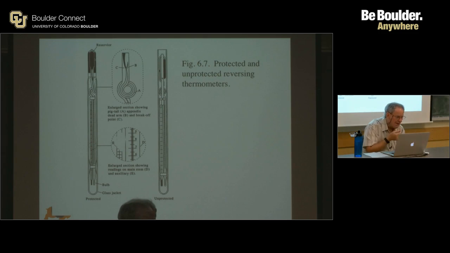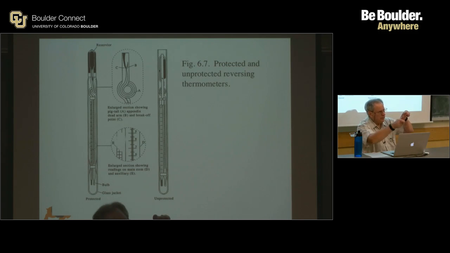Then you would send these messengers down, and they would hit the bottle, and the bottle would flip over, which would flip over the thermometer, breaking the mercury at that spot, trapping the mercury as it read at that depth. So we actually trapped the temperature measurement.